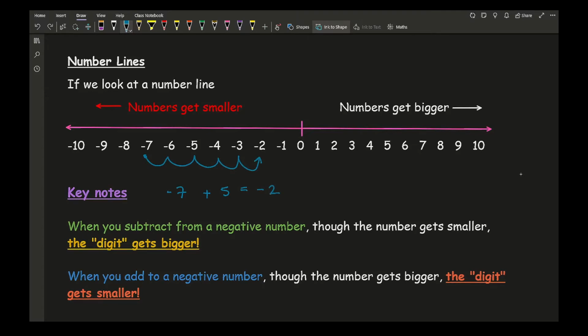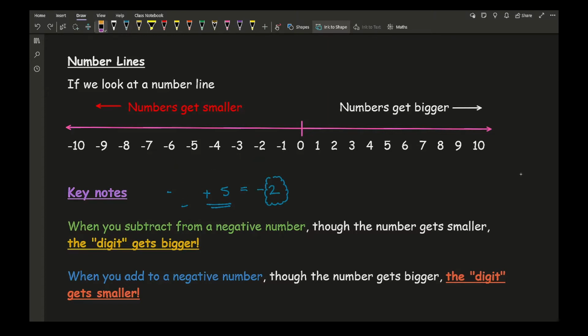When you're adding, you think you're going to make the digit bigger, but when you're dealing with negative numbers, it's all about the direction in which you're moving along the number line. So when we're adding to a negative number, the digit actually gets smaller, and then when it goes past zero, it becomes normal, as you're used to with positive numbers. Just be mindful of that when you're dealing with questions.